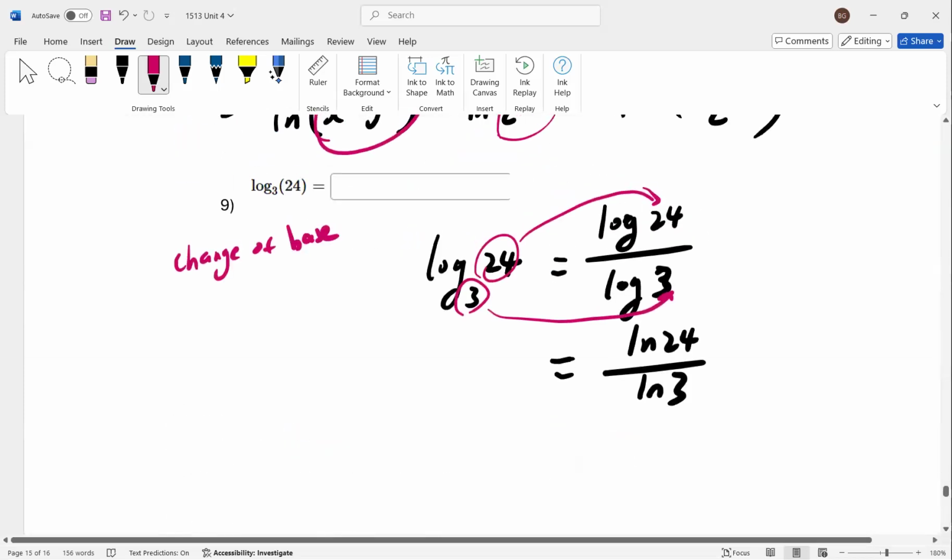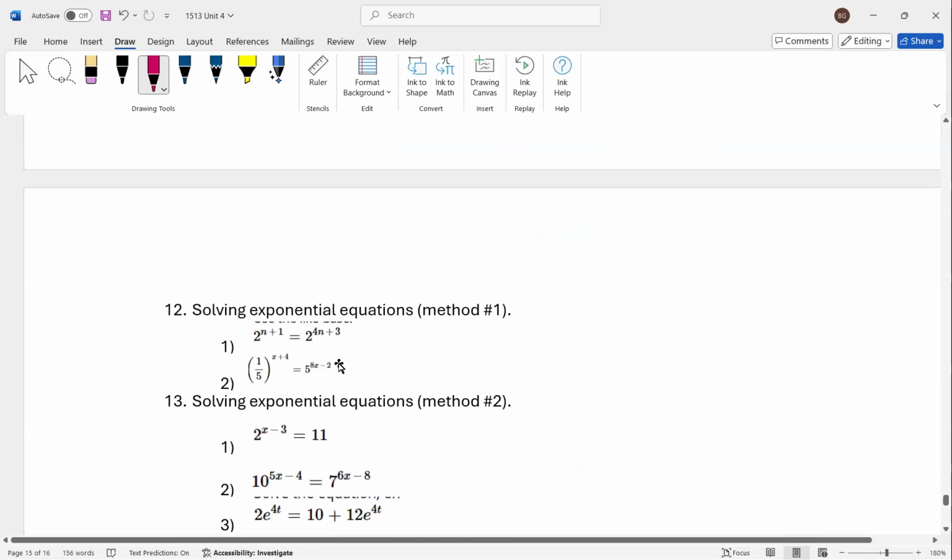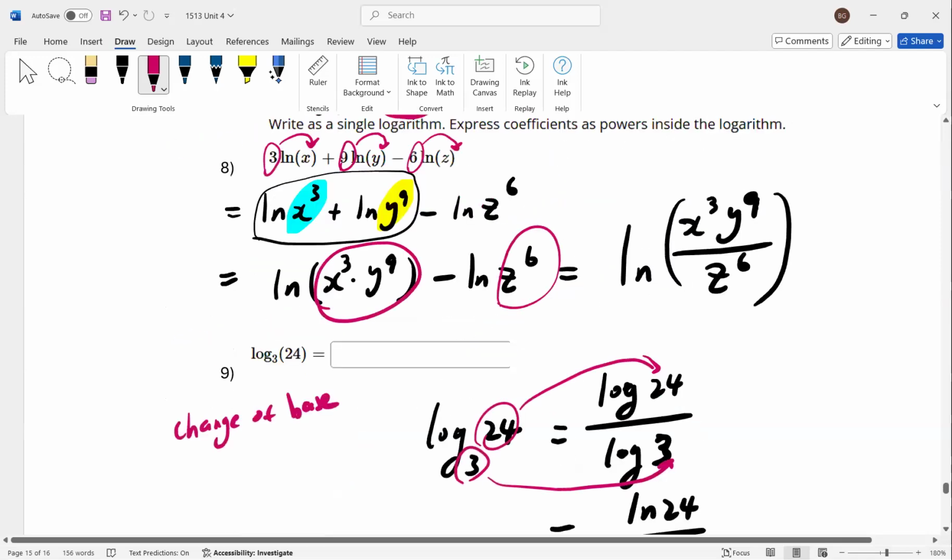Okay, that's everything for today. The next section is to solve exponential equations and logarithmic equations, but that's section 4.4. Today's 4.3 is mainly about the formulas.